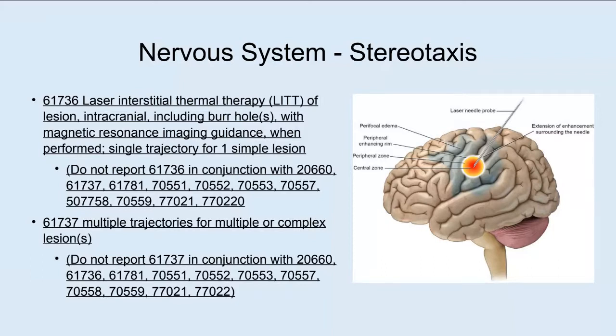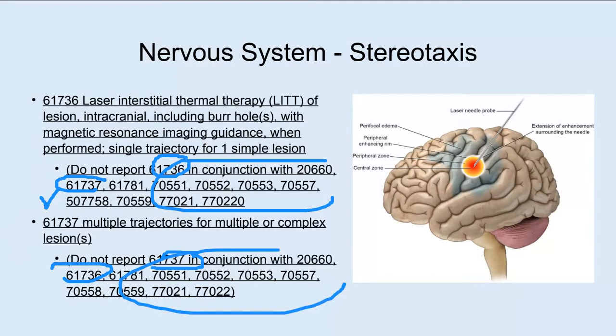The do not report note under 61737 refers to LIT in the same codes as 61736. So this one, 61736, refers to this one, refers to that one, and then the rest of the codes listed here are the same for both.